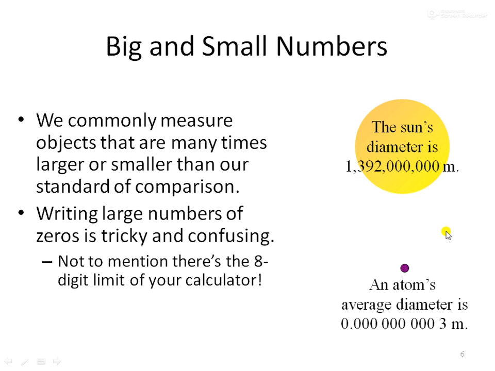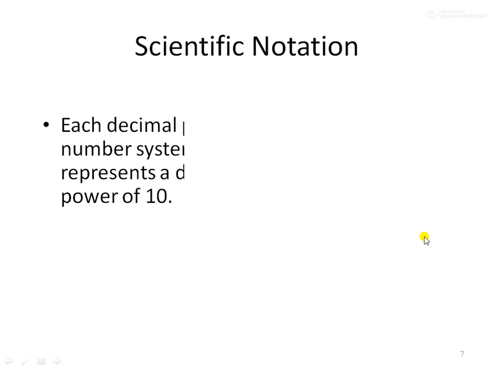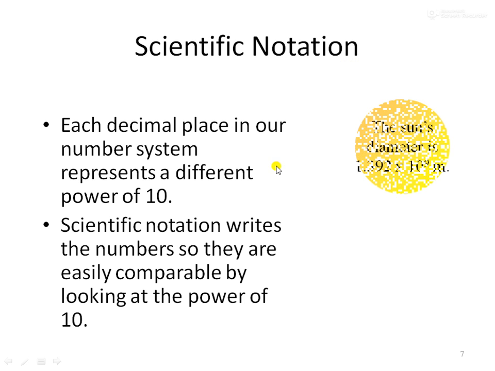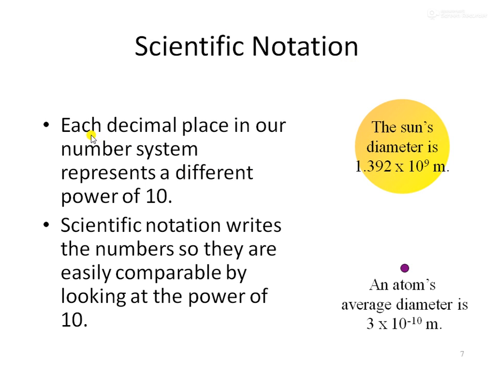Similarly, if you want to find out the average diameter of an atom, then also so many zeros have to be written before finally arriving at our destined number. So in scientific notation, each decimal place in our number system represents a different power of 10.